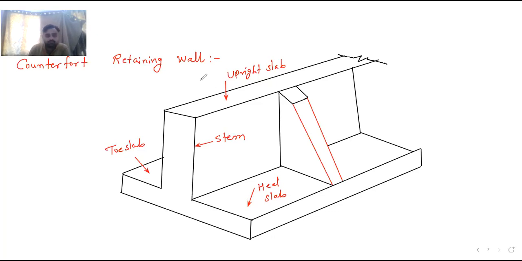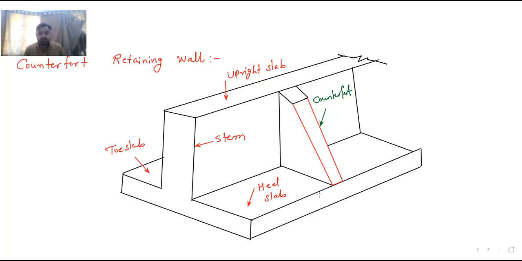And now this portion is called the counterfort. This is the additional component which is placed over here, which is not there in a cantilever retaining wall, but it is there in a counterfort retaining wall.